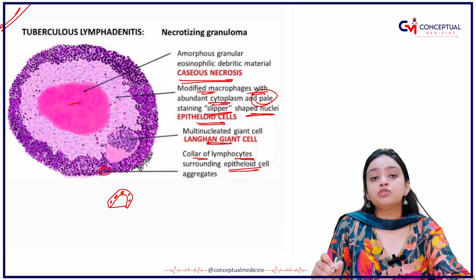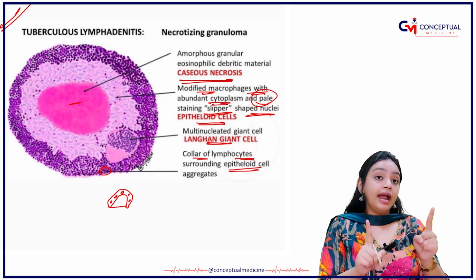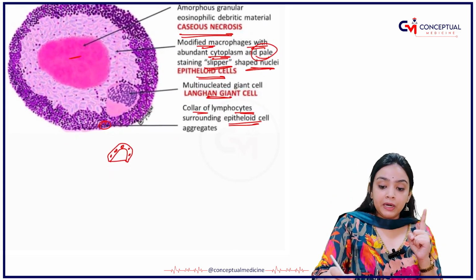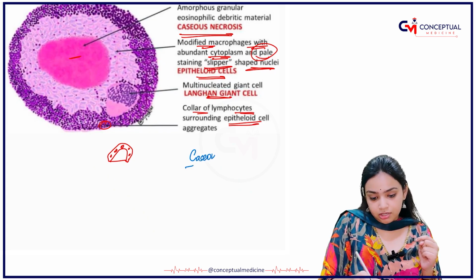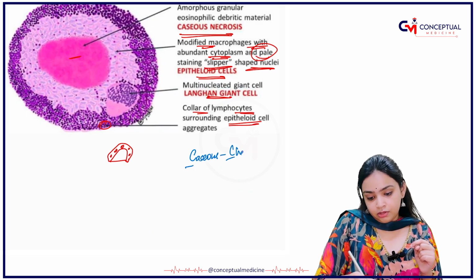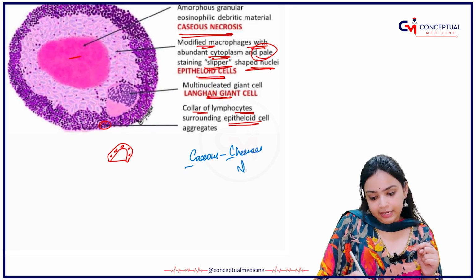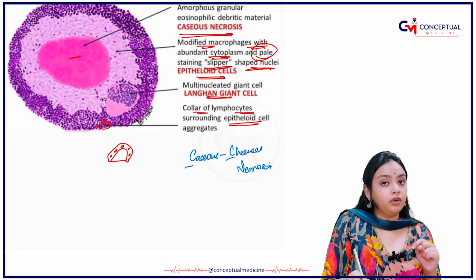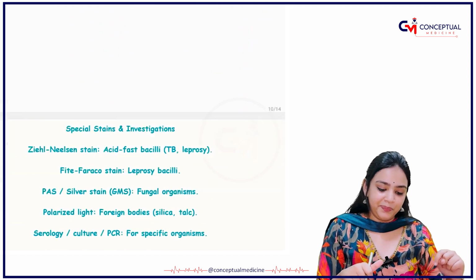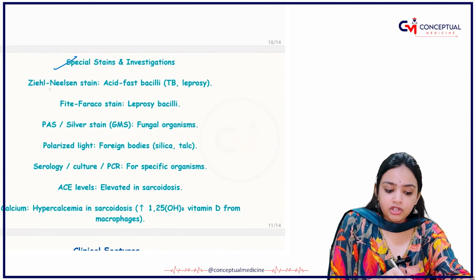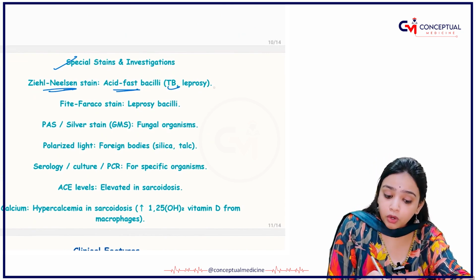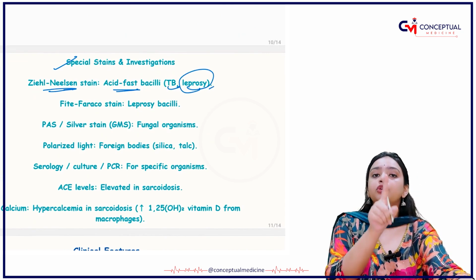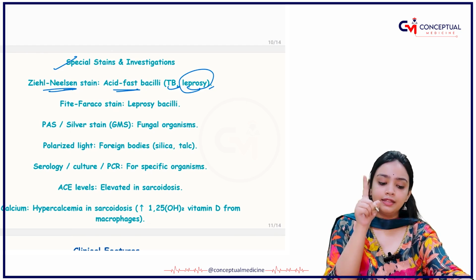Here you are able to see caseous necrosis, and I hope you remember that we have read a mnemonic, C for Caseous, cheese-like necrosis, right? If not, you have to revise the necrosis chapter. For special stains and investigations, we use the Ziehl-Neelsen stain, that is the acid-fast stain, for tuberculosis and leprosy. Remember, for tuberculosis, we use the ZN stain.